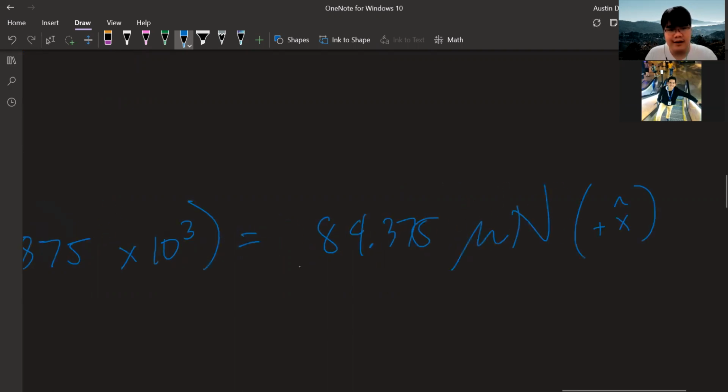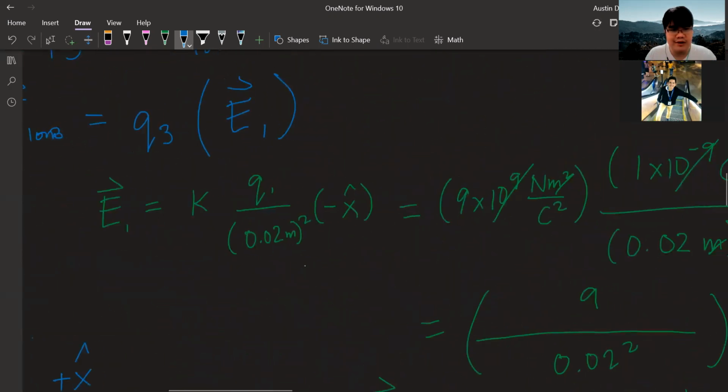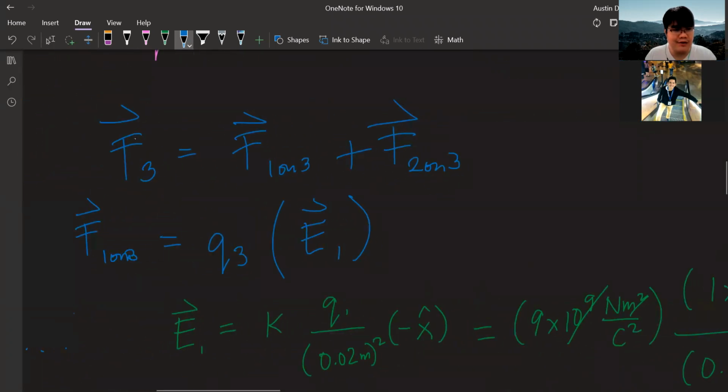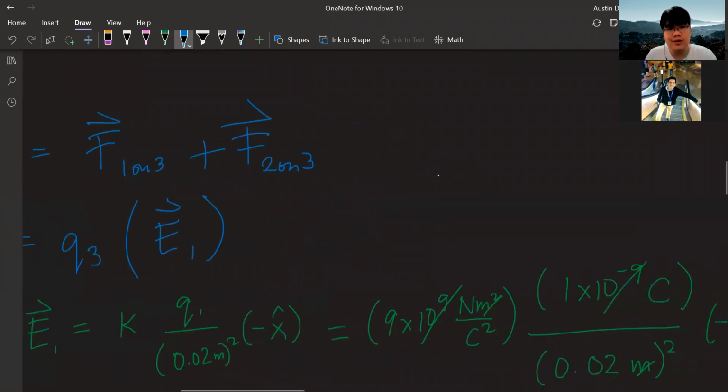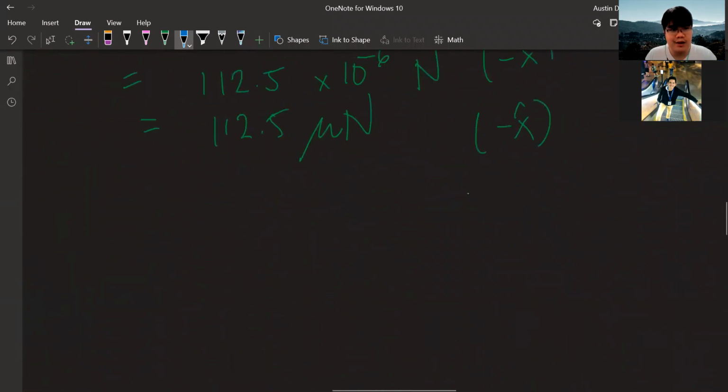Okay. All right. What you'll do is superposition. Like I told you, just add them when it's superposition. So the total force on 3 would be the force due to 1 and the force due to 2. Okay. So let's collate our answers.